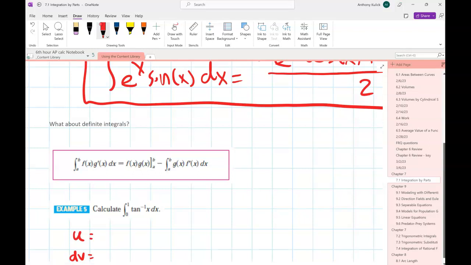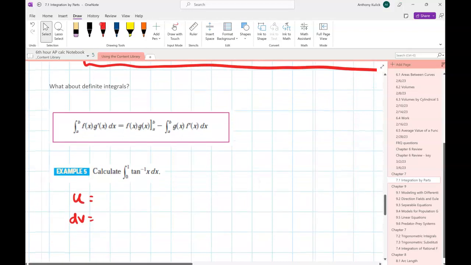So let's do this one. We have the integral from 0 to 1 of tan inverse x dx. What do you want to pick for your u? There's really only one choice. No! Tan inverse x. You can't pick the inside of some function, right?